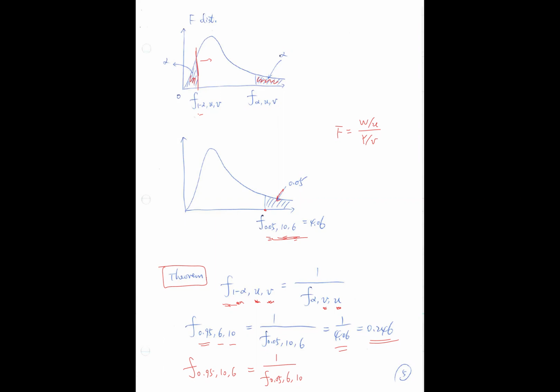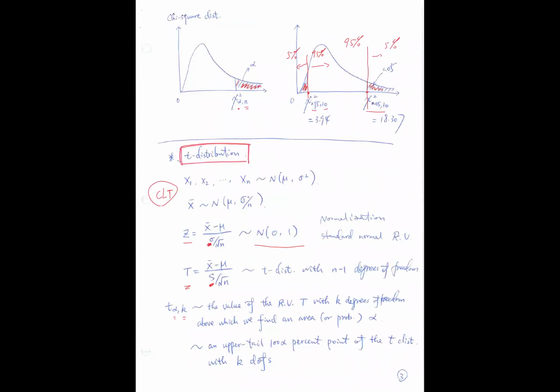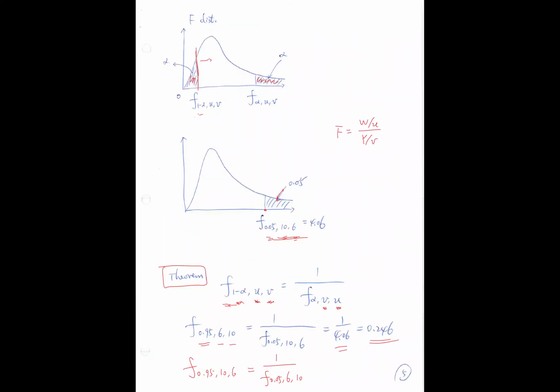So far in this lecture, we have discussed first the chi-square distribution, then the T distribution, and the last one is the F distribution. Hopefully this lecture gives you a better idea of how those distributions are defined.